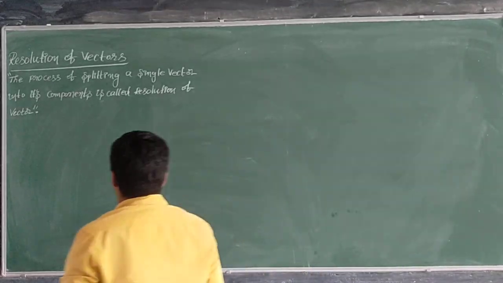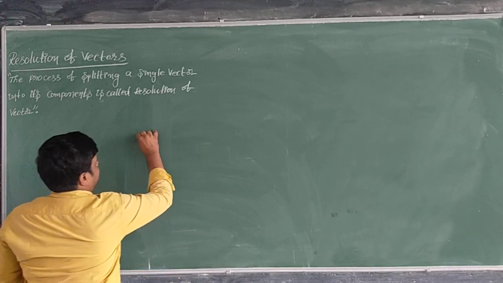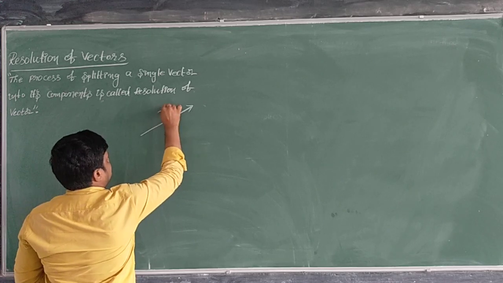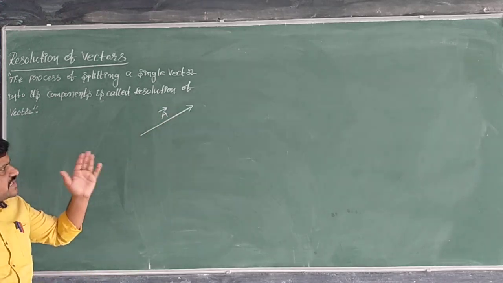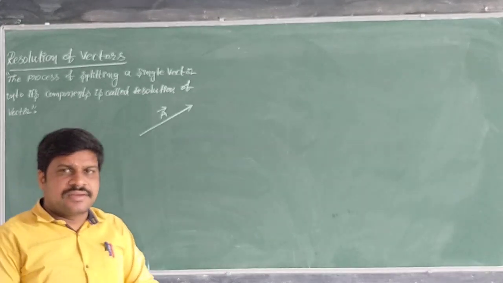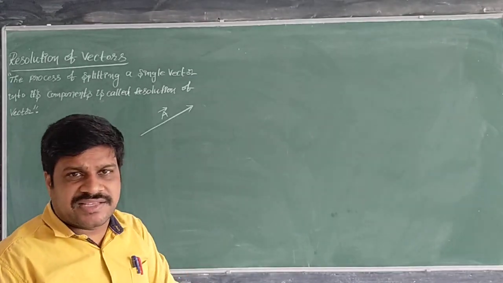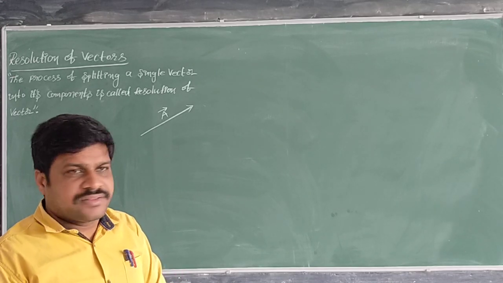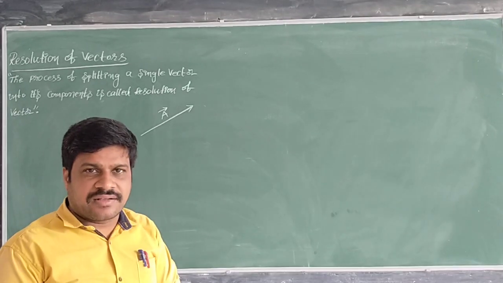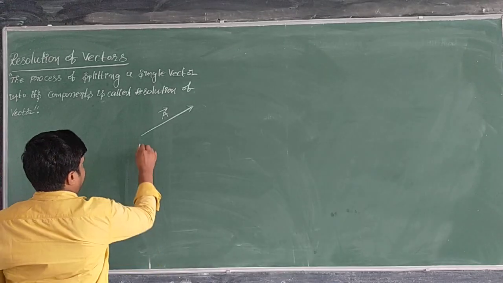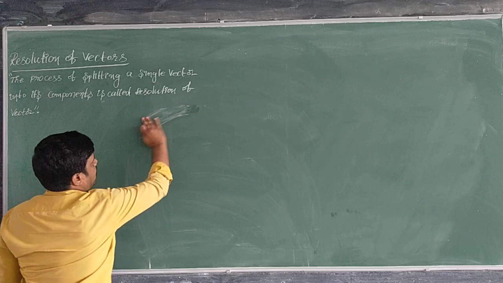For example, if you see here, this is a vector. The vector name is a bar. This vector a bar is not lying exactly along the x-axis or y-axis, but lying in the xy plane.